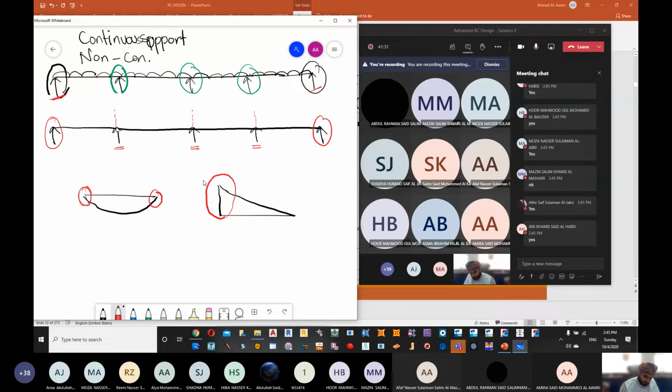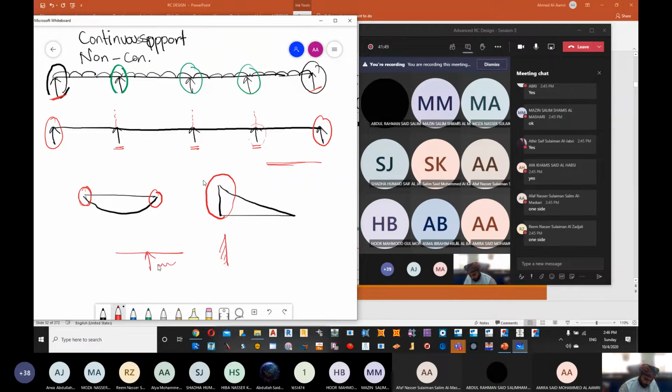Now when we take this span, is it continuous from both sides or one side? If we have it fixed, then it's only from one side. If we have it in this way, it means it's continuous from the first side and the second side.